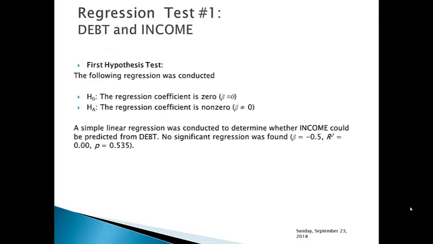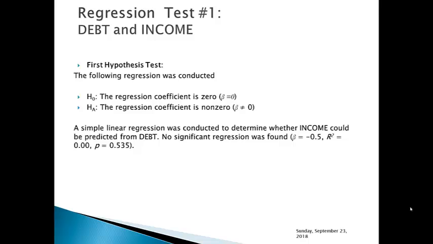In the first regression test, between debt and income, the following hypothesis test was conducted. In the null hypothesis, the regression coefficient is 0, as beta is equal to 0, and in the alternate hypothesis, the regression coefficient is non-zero, beta is not equal to 0.